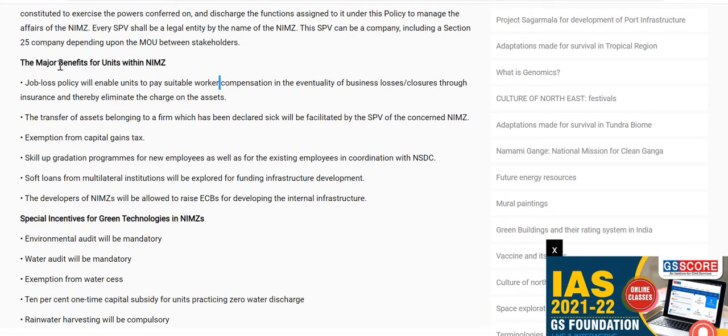Now, what would the units located within the NIMZ have? The government would give security to the workers in these units, so that if there's a business closure or a loss, they would be given suitable compensation and insurance.